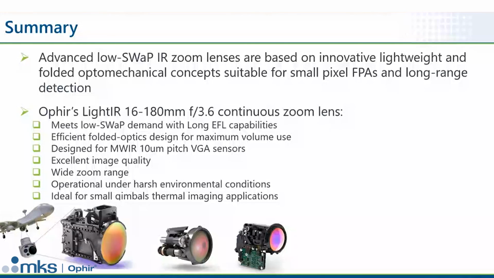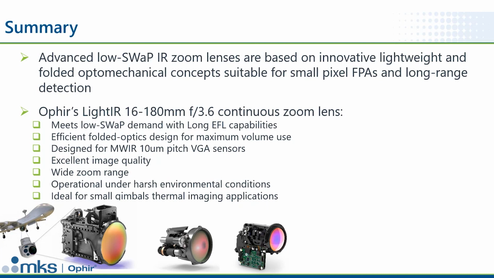Summary. Advanced low SWaP infrared zoom lenses are based on innovative, lightweight, and folded optomechanical concepts suitable for small pixel FPAs and long-range detection. Our new product, the LiteIR 16-180mm f3.6 continuous zoom lens, meets low SWaP demand with long EFL capabilities.